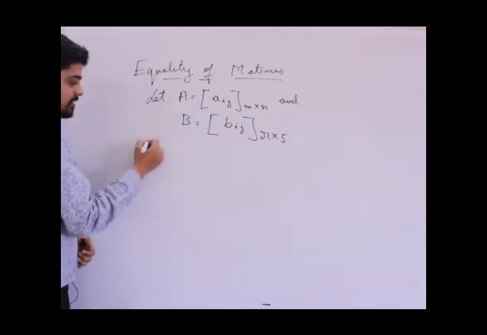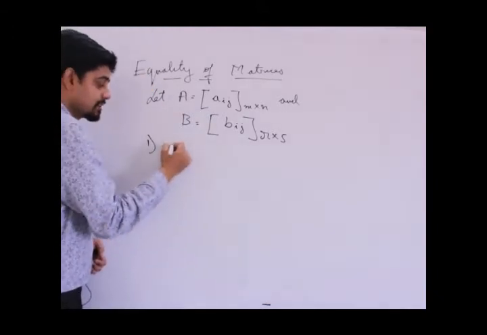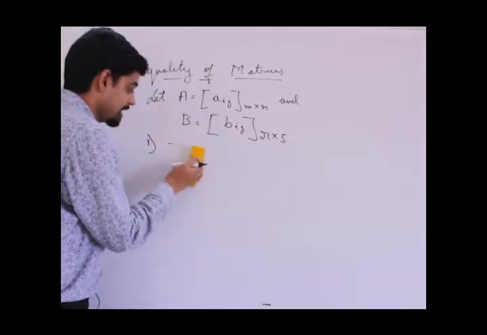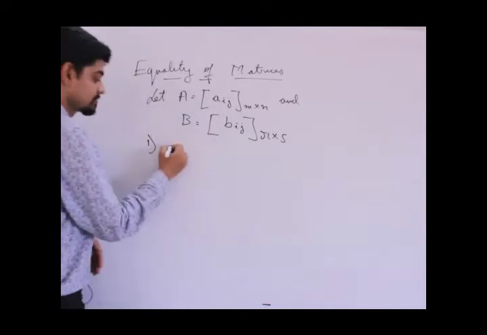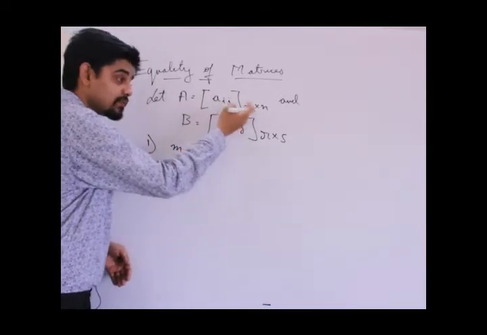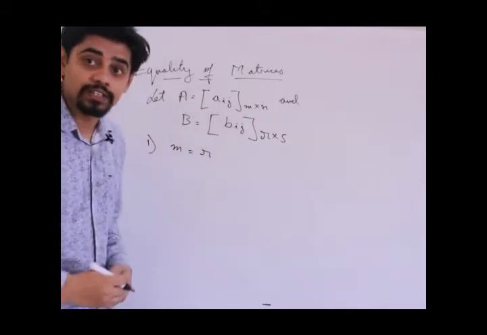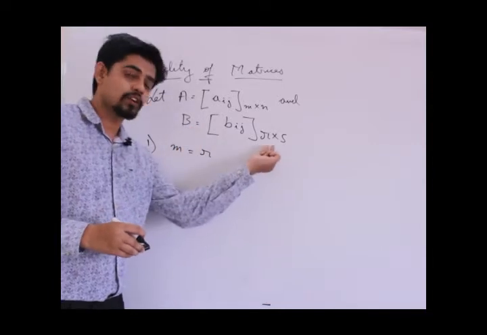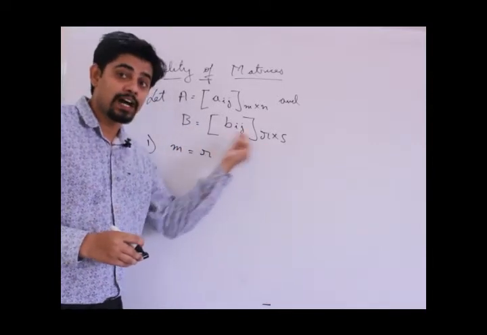The first condition is M is equal to R. That is, M is the number of rows in the A matrix, and R is the number of rows in the B matrix.